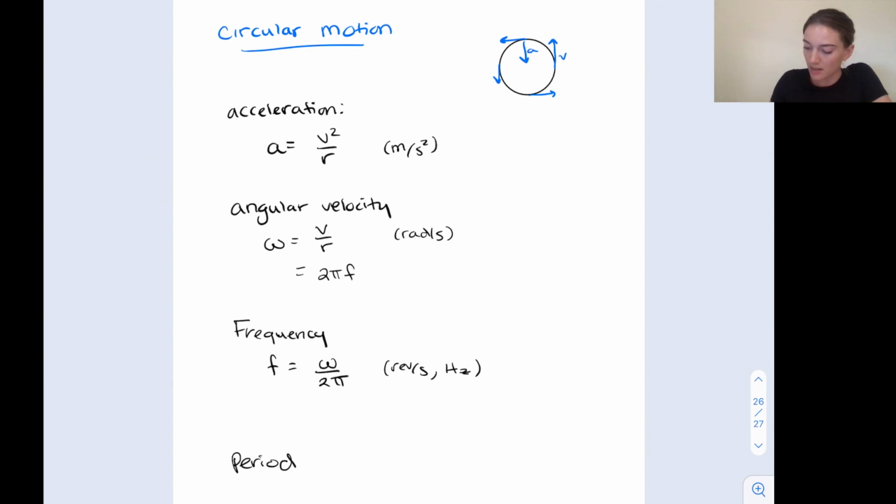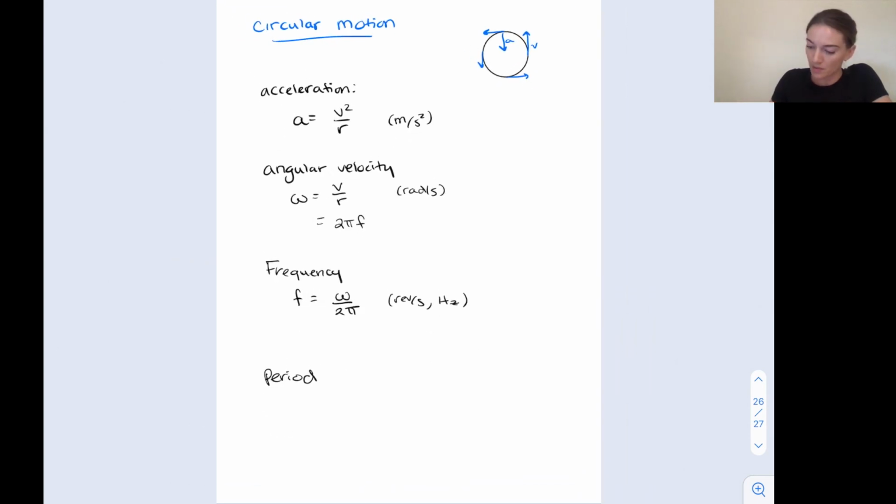The period is how many seconds it takes to trace out one revolution, and it's the inverse of frequency. So a period is 1 over frequency, and it's measured in seconds. So this also means that we can write our angular velocity as 2 pi over the period, and we can write our frequency as 1 over the period. So those are the basic things for circular motion.